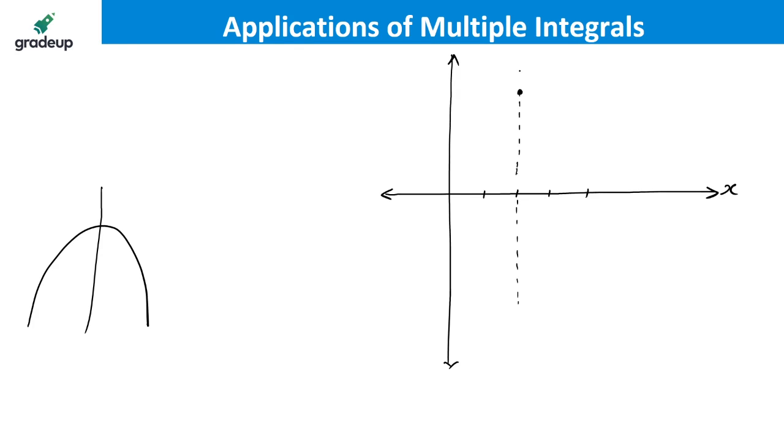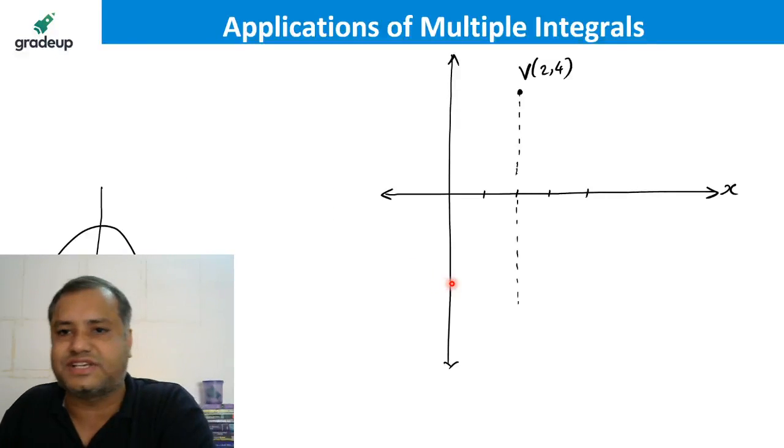This vertex is 2, 4. Now, this is the inverted parabola. So if this is an inverted parabola, it will be intersecting the x-axis at 2 points. I want to know these points where this parabola will be cutting the x-axis.